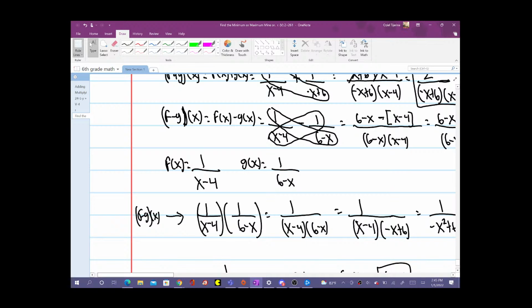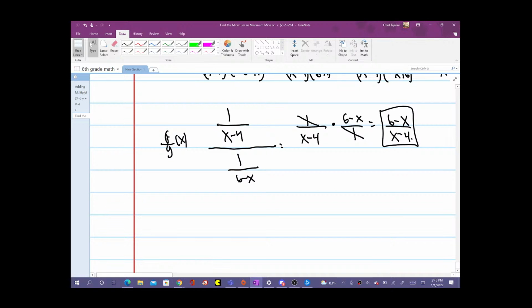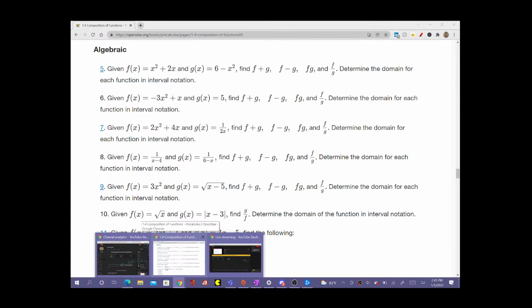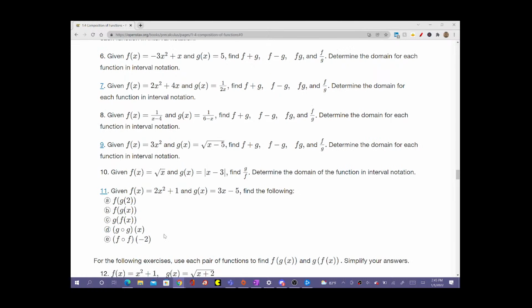And over here was f times g of x. So that's so you guys understand how it works with these problems, right? Let's move on to another problem.